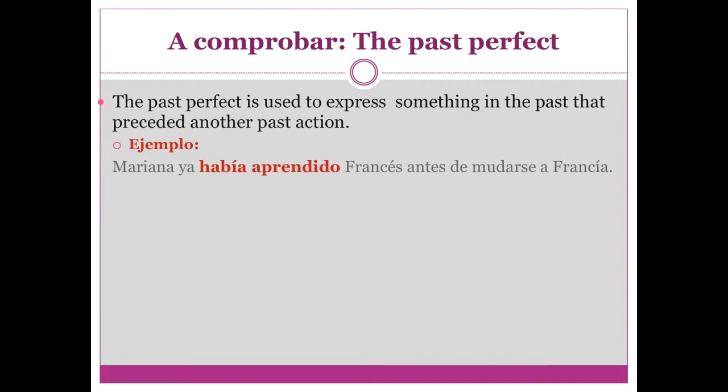The past perfect is used to express something in the past that preceded another past action. Mariana ya había aprendido francés antes de mudarse a Francia. So, what happened first in this sentence? Mariana had learned French before moving to France.